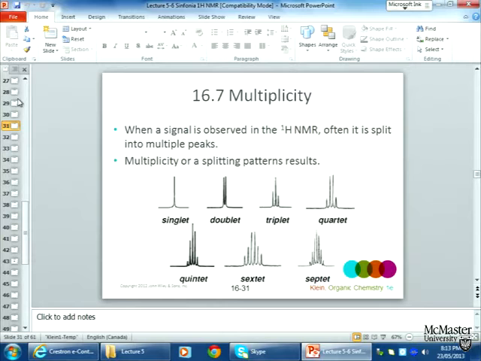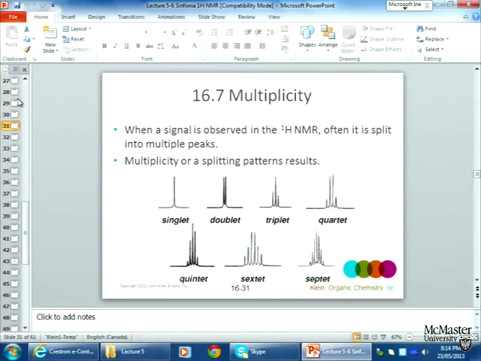And so we see these so-called splitting patterns. And the first slide shows you a variety of these. A single line means that there are no neighbors next door, and we call that a singlet. 2 peaks result from 1 hydrogen on the carbon next door to our methyl group, or whatever it may be.